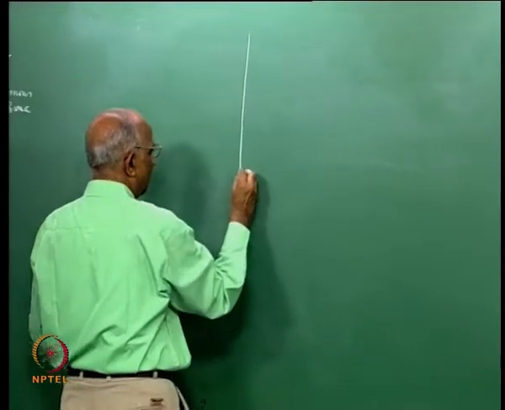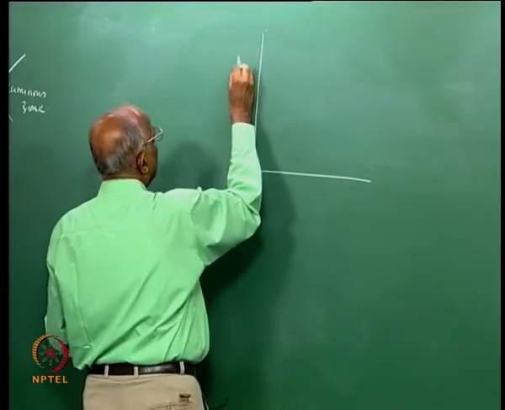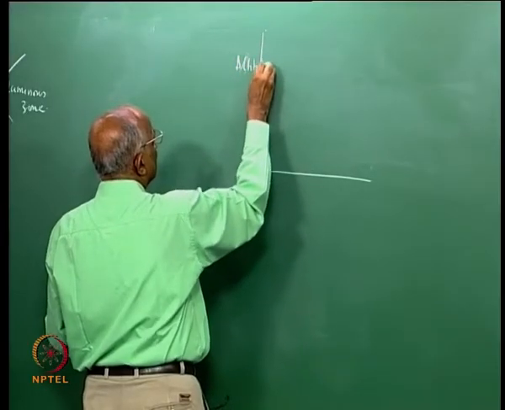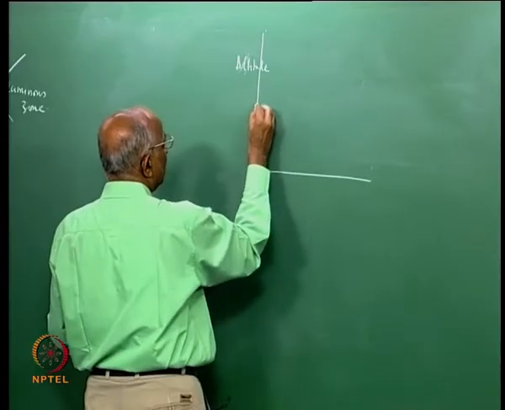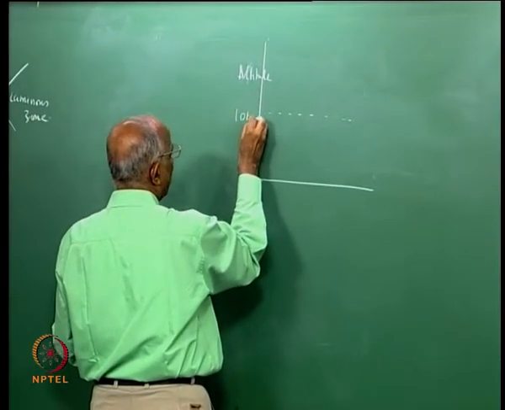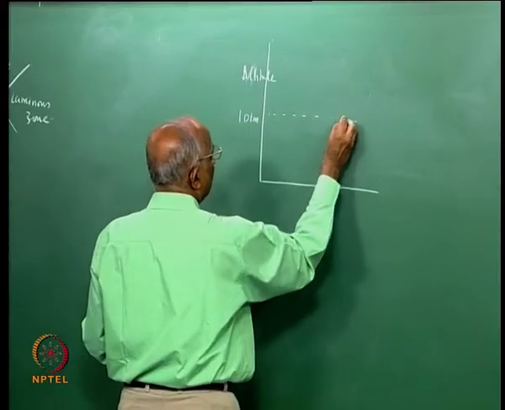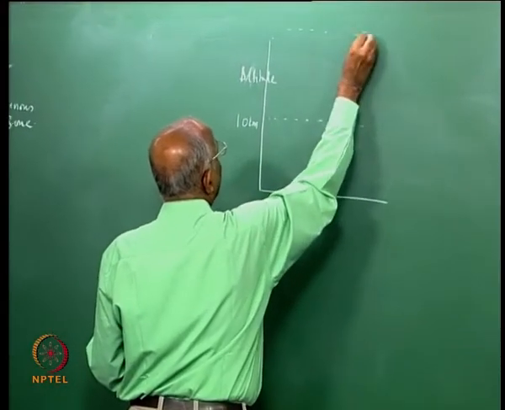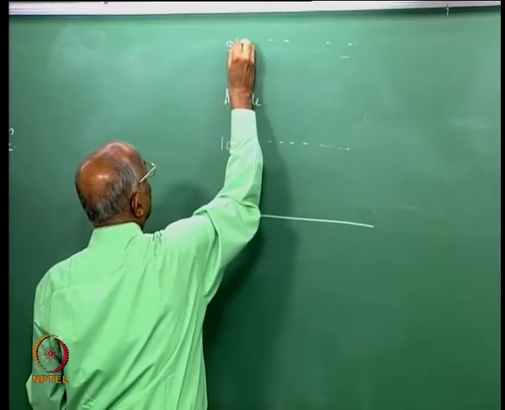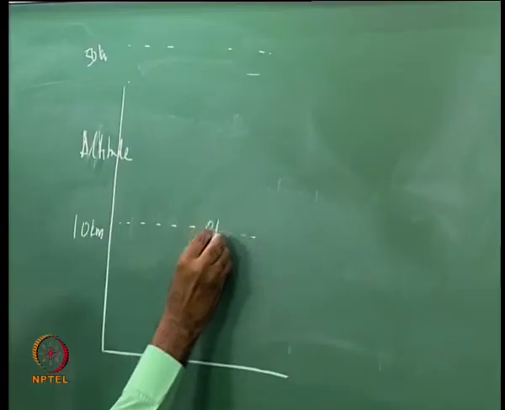Exactly. Now, let us plot the figure over here. I have the altitude, and we say the design altitude is 10 kilometers. The rocket has to operate up to an altitude, let us say, of 50 kilometers. This is where I have the optimum nozzle.